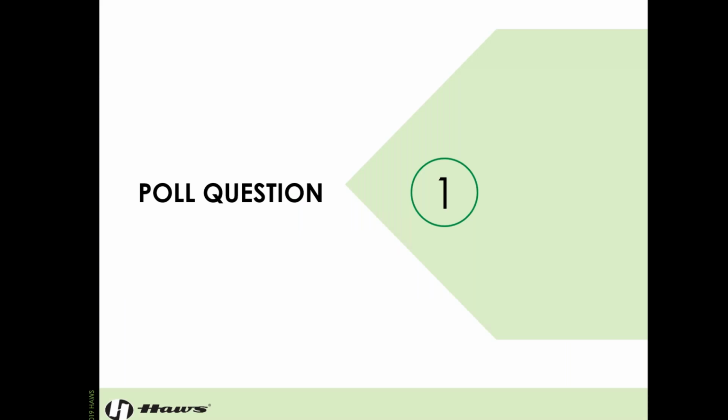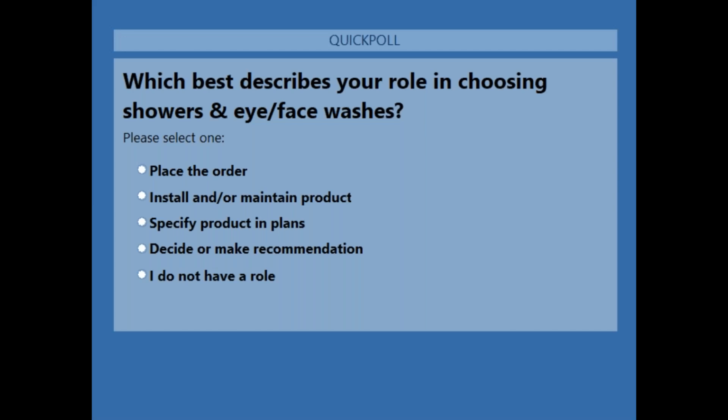We're going to kick it off with poll question number 1 and then get into it. Our first poll question today is, which best describes your role in choosing showers and eye face washes? The options are: place the order, install and/or maintain product, specify product in plans, decide or make recommendations, and I do not have a role.